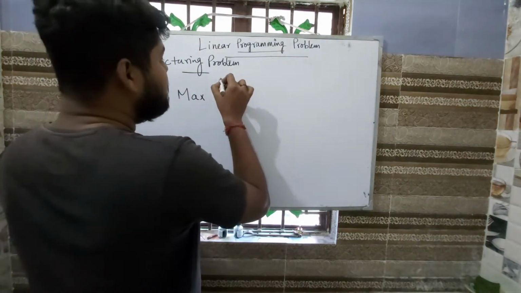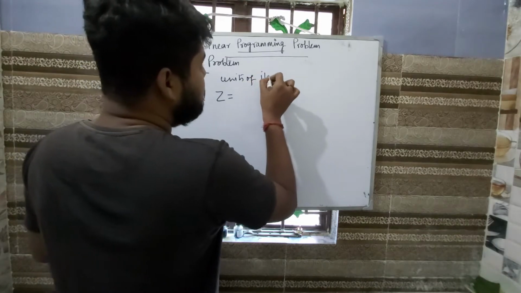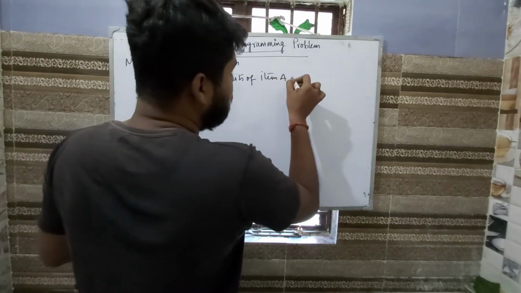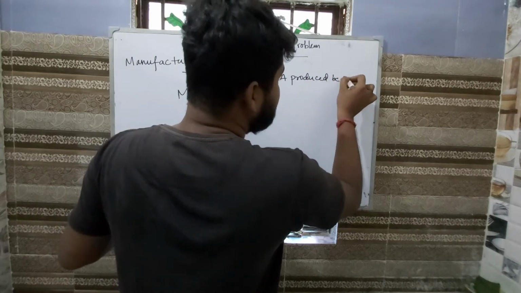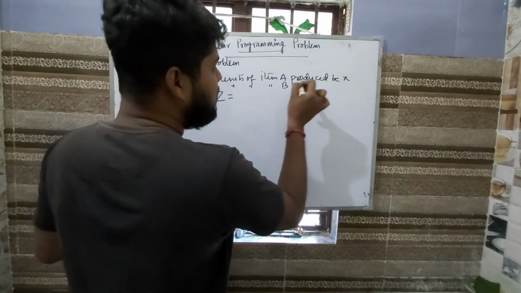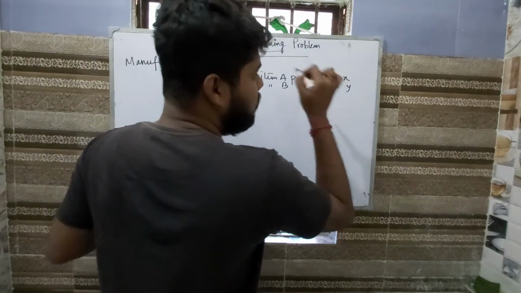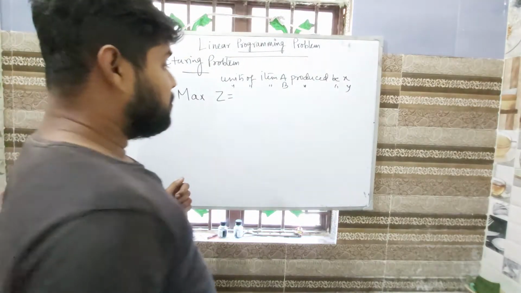So let us consider units of item A produced to be X and units of item B produced to be Y. So these are the two variables that I have to consider.